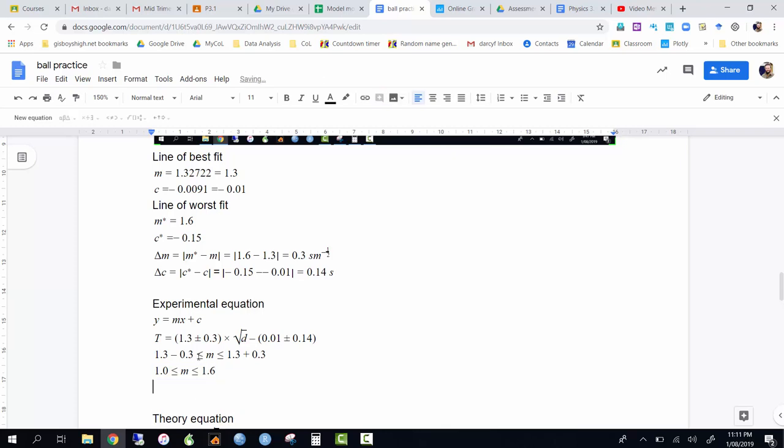Now, for ease, I can just copy that and pop that there, and we can do the same thing for the intercept. The smallest our intercept could be is negative 0.01 take away 0.14, and the biggest it could be is negative 0.01 plus 0.14.